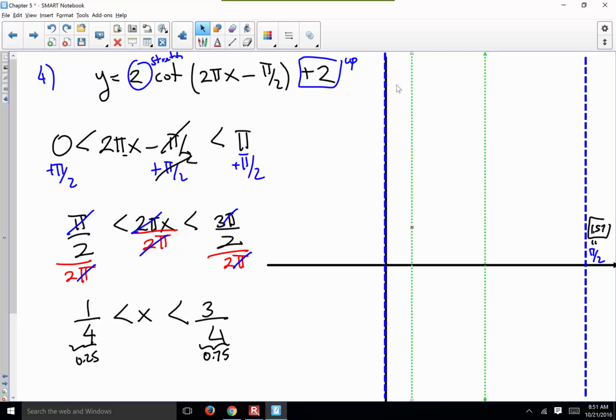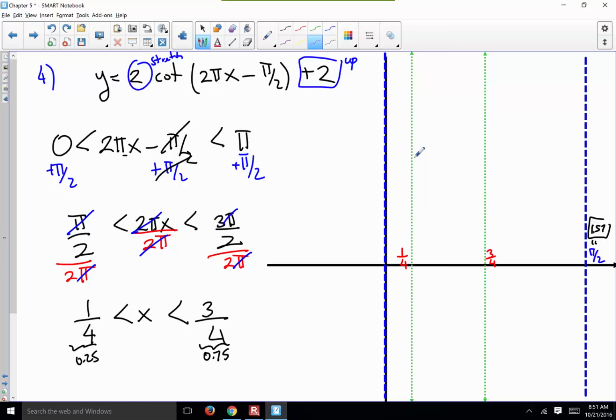Good. So what are these two locations now? 1/4 and 3/4. Just fit in your cotangent here. Is it this way? No, cotangent is upside down, right? Not this one. This is tangent.